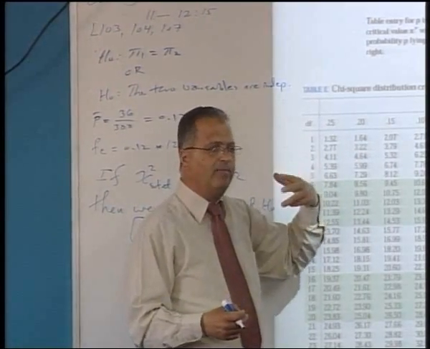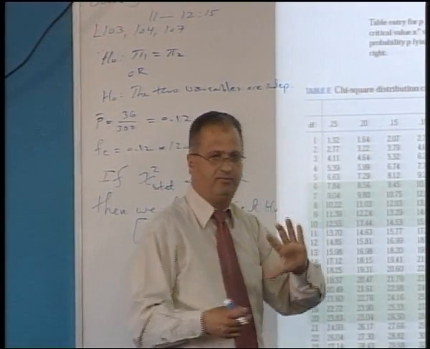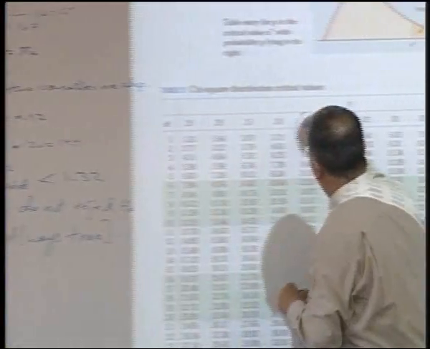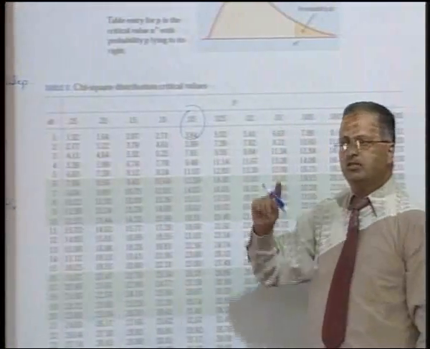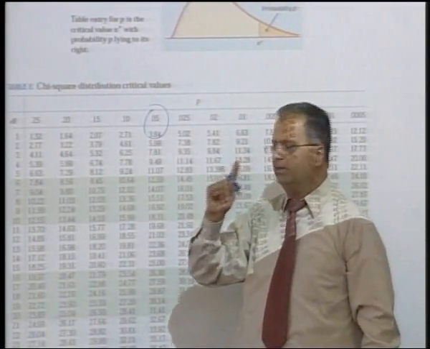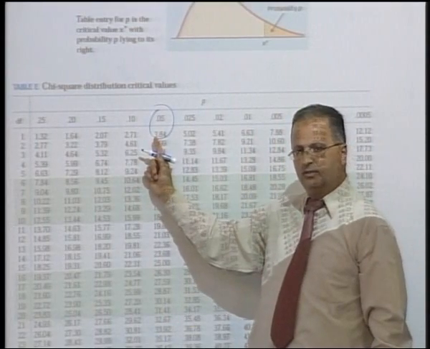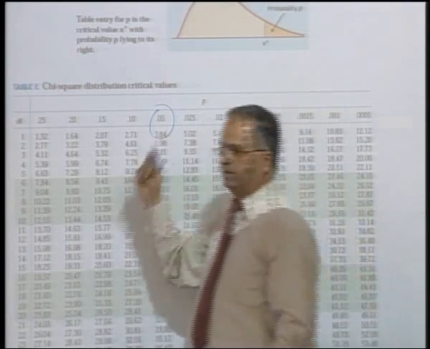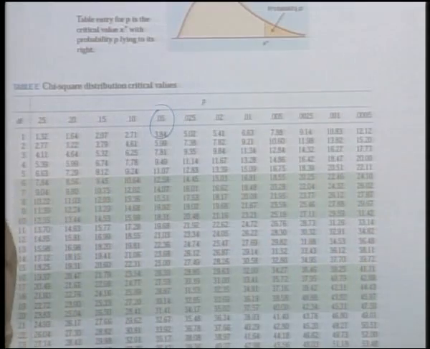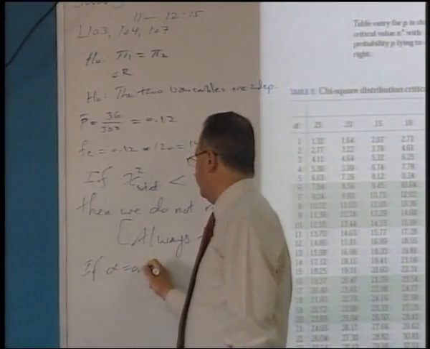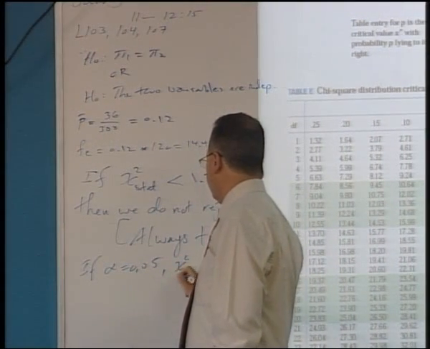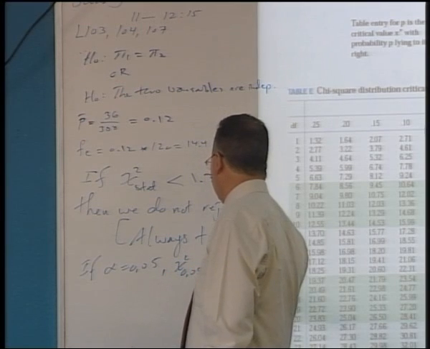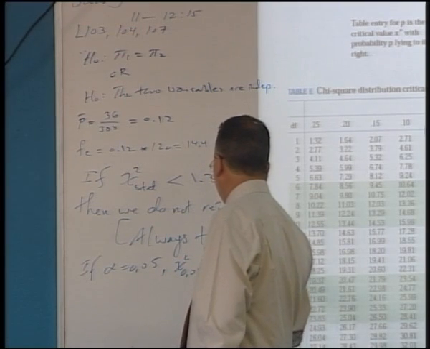Imagine that we are talking about alpha of 5%. So your critical value, the smallest one for 1 degree of freedom, is 3.84. So that's my smallest. If alpha is 5%, then your chi-square at 5% under 1 is 3.841.